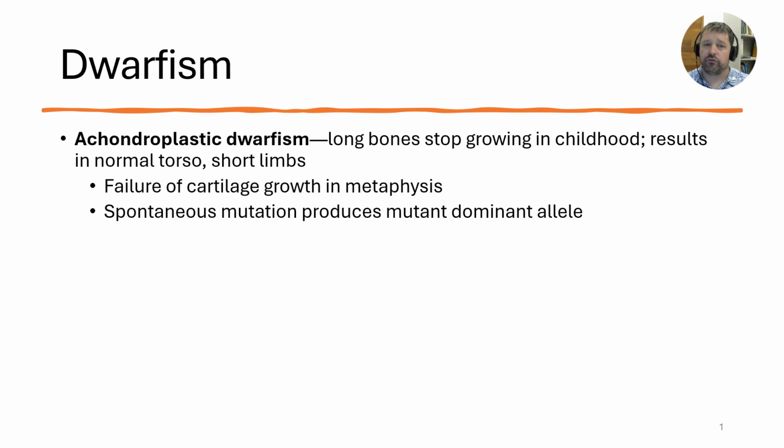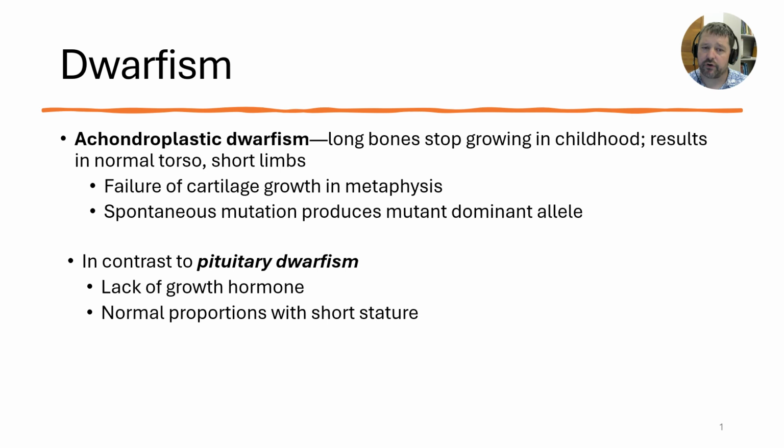So if you see someone who has dwarfism, and it looks like they have a normal torso and normal head but short limbs, it's achondroplastic dwarfism. And it's due to a mutation in the alleles that are associated with cartilage growth. Of course, it can cause complications for individuals.